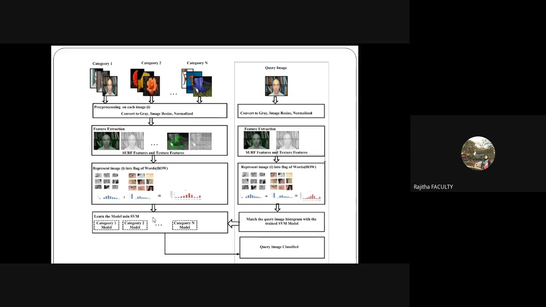You can apply SVM or decision tree or k nearest neighbor or Bayesian network, any method, artificial neural network, anything. You can apply any of such techniques to classify your images. This is all about the ML technique.